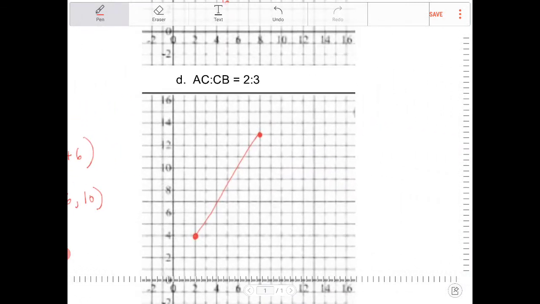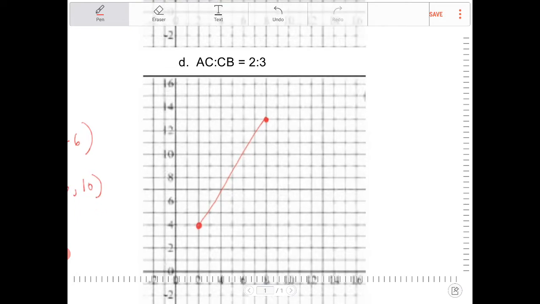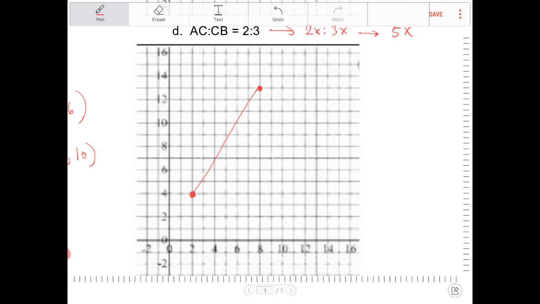All right, so this is where the question starts to get a little more interesting. I want to break this up into fifths, because it's proportions of 2 to 3. If I multiply, it's the same thing as 2x and 3x, then that means the full length of the line will be 5x. So how am I going to break this up?